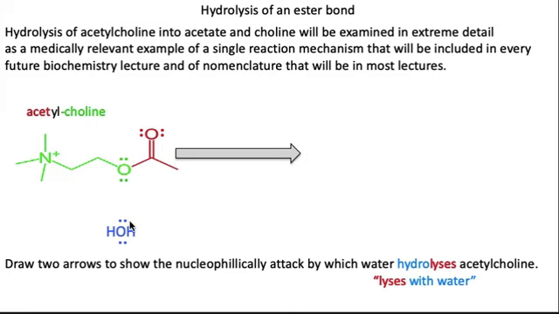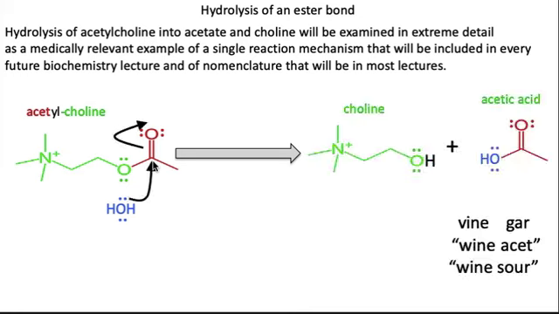So we can connect a lone pair of electrons on a water molecule to the carbonyl carbon. And there's always going to be two arrows. The second arrow will go from the double bond up onto the oxygen. After the oxyanion forms, the electrons will resonate back down and kick off the leaving group, in this case choline, which will pick up a proton.